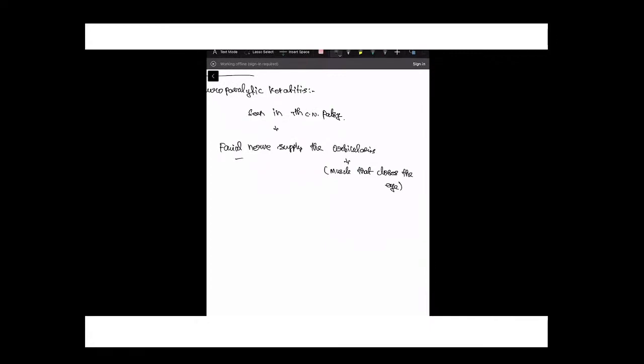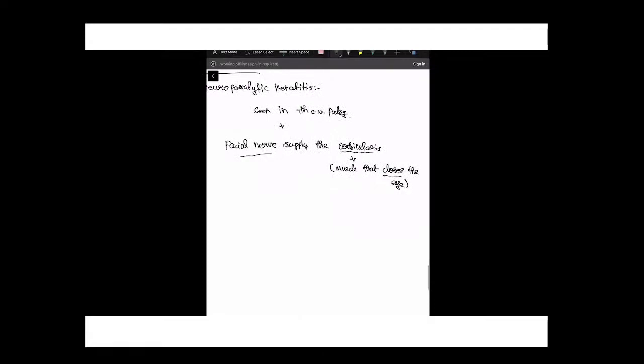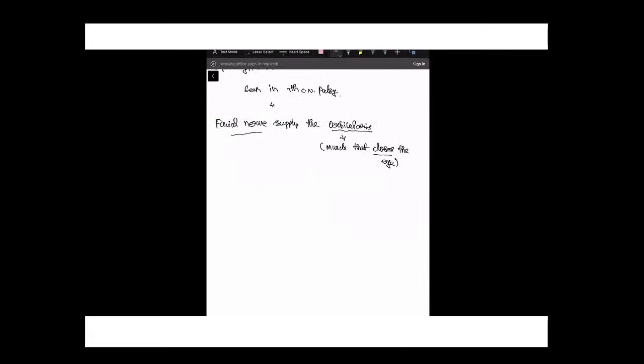If there is injury to this facial nerve, the eye cannot close. Orbicularis is the muscle that is used for closing of the eye; it controls our eyelids.